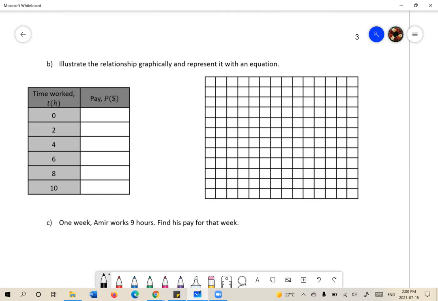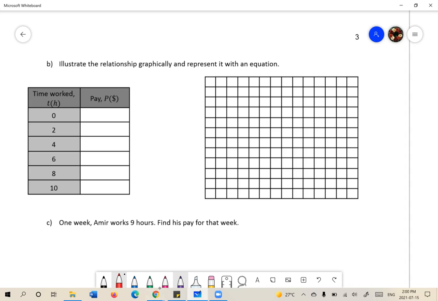Illustrate the relationship graphically and represent it with an equation. So let's create a table of values in order for us to have points to plot on the grid. Our x values or t values are already given to us. Our y values or p values we need to create. So remember that he gets paid $7.50 per hour.